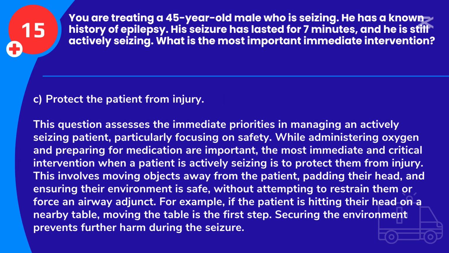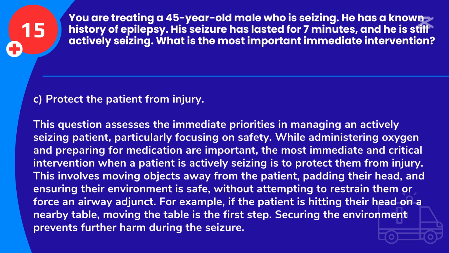Answer: C. Protect the patient from injury. This question assesses the immediate priorities in managing an actively seizing patient, particularly focusing on safety. While administering oxygen and preparing for medication are important, the most immediate and critical intervention when a patient is actively seizing is to protect them from injury.